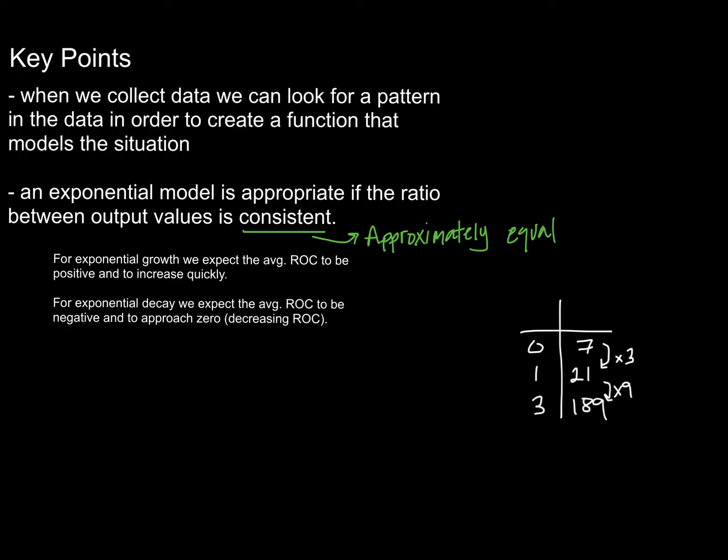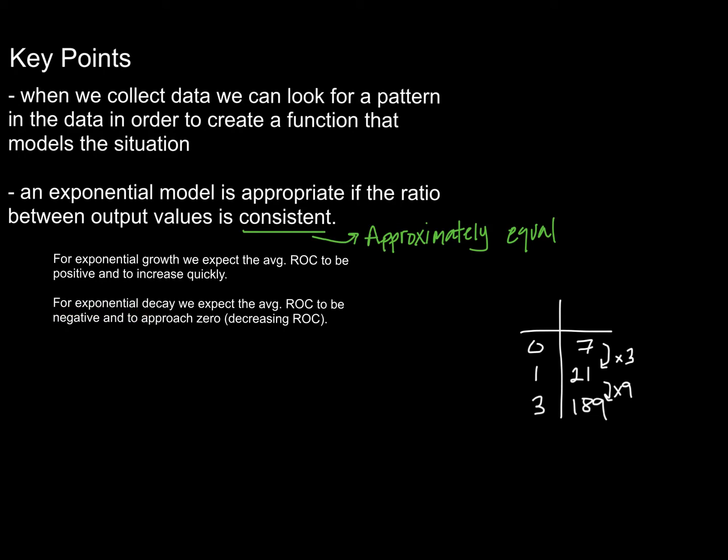The good thing is that we don't always have to compare the ratio between output values. We also noticed that the average rate of change is a key characteristic that allows us to see the pattern in the data. So for exponential growth, what we're expecting to see is an average rate of change that is positive and increasing quickly. That's what we saw in the discovery problem.